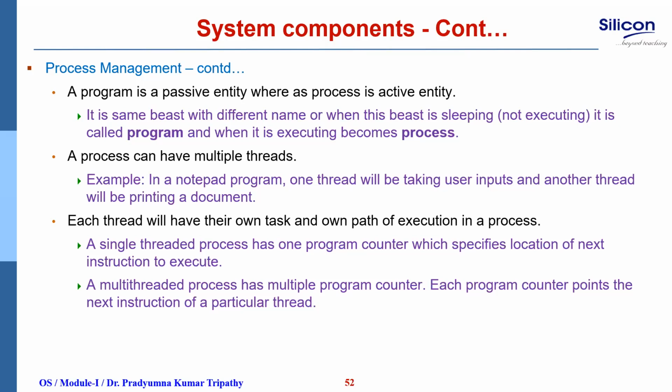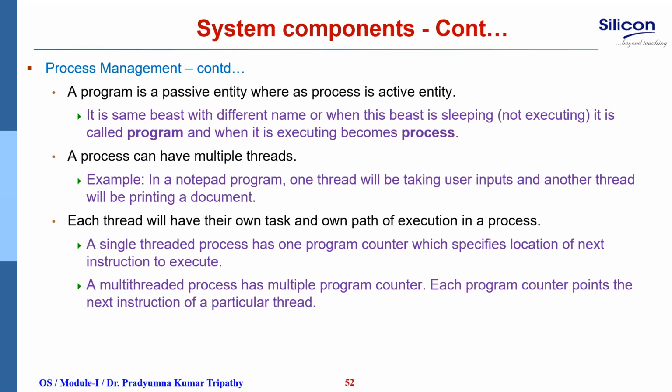What is a program counter? You have read in architecture: the program counter keeps track of the next instruction to execute. So in a single-threaded program, I need one program counter.